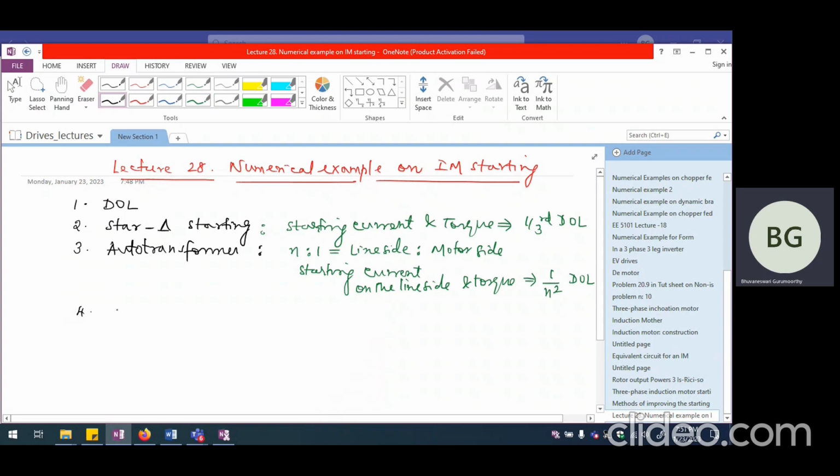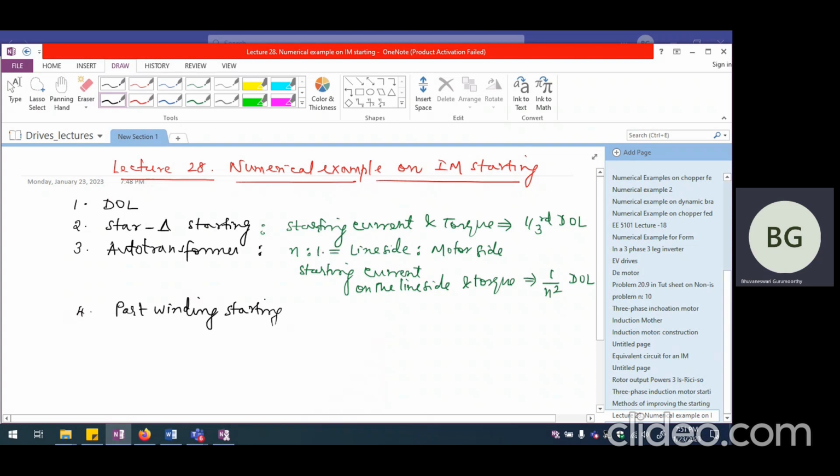Then the fourth method we looked at was part winding starting, where the stator might have windings in multiple parts. If you use only one part, the impedance will be Z. If you use two parts, it will be Z by 2. If you use three parts, then it will become Z divided by 3.